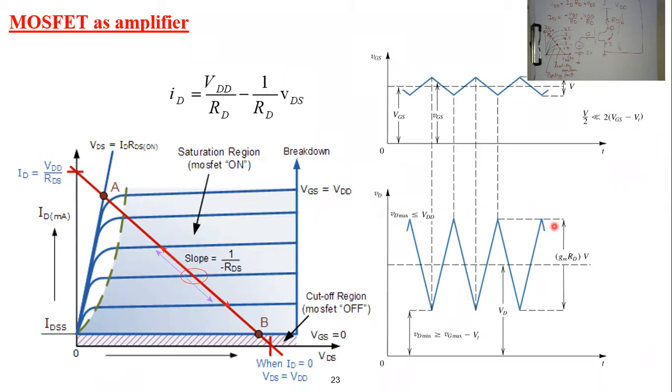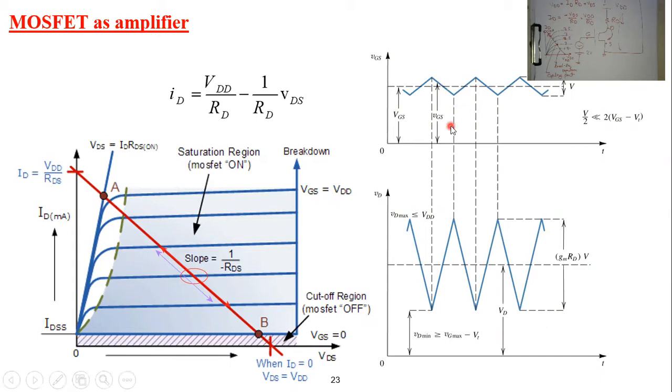Accordingly, which is the target of this session, we can use our MOSFET as an amplifier. This is the input voltage, the VGS voltage, and this is the output voltage, the VDS voltage. So the output voltage can be amplified, I mean, it can have a larger amplitude with respect to the input voltage in a very easy manner.